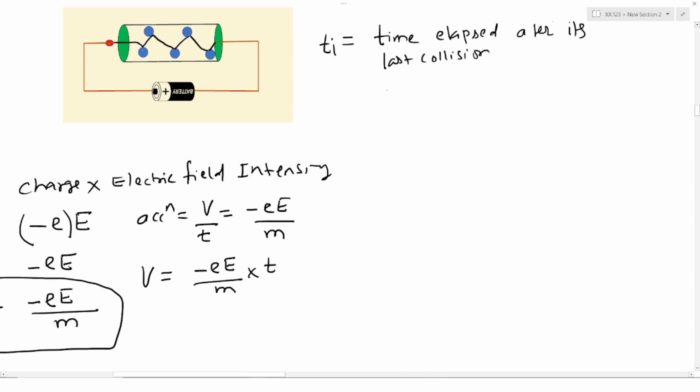And after the last collision, there are no positive ions left, so it is not attracted by the positive ion. So what would be its velocity after the last collision? Let Vi dash be the velocity immediately after the last collision.